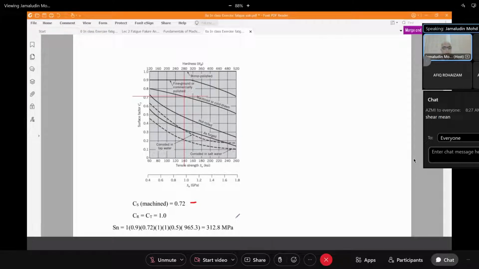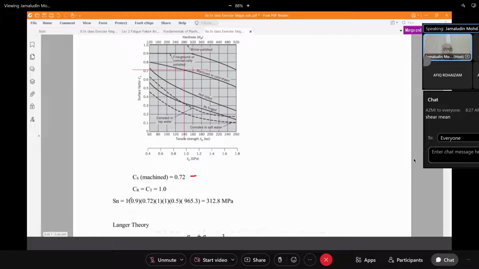That means Sn prime will be CL, CG, CS, times Sn prime 0.5, giving 312.8 megapascal. Okay, right now we are done with everything. That is the three major things, KF, CSN, and so on. Any question on the endurance limit?